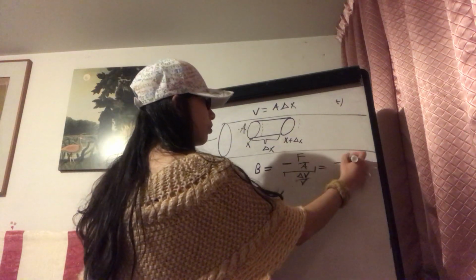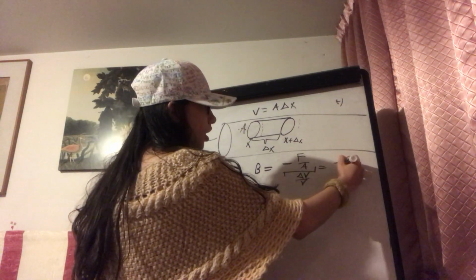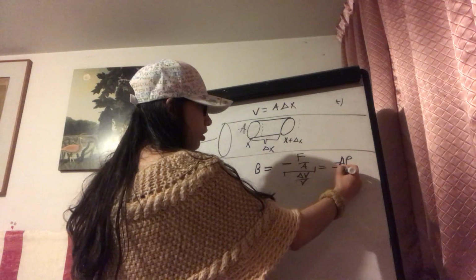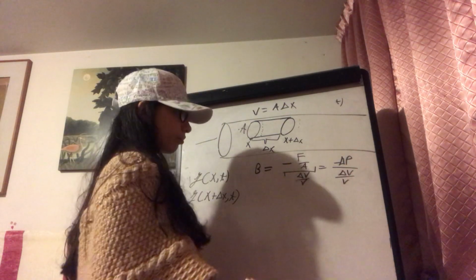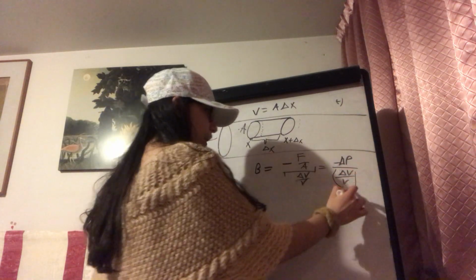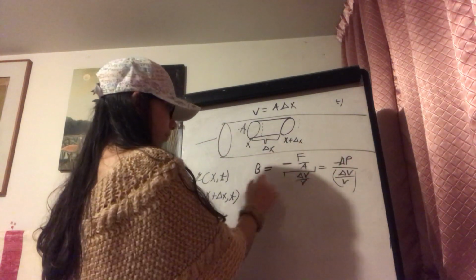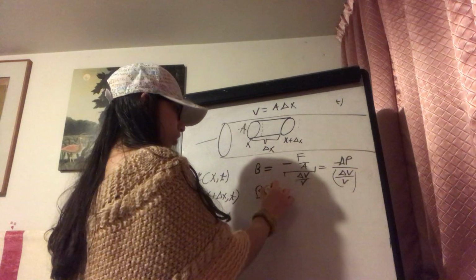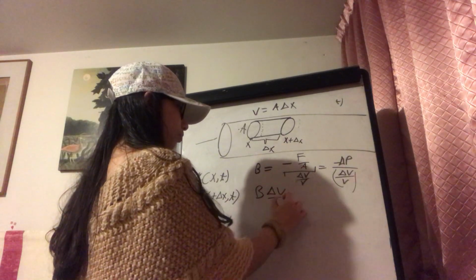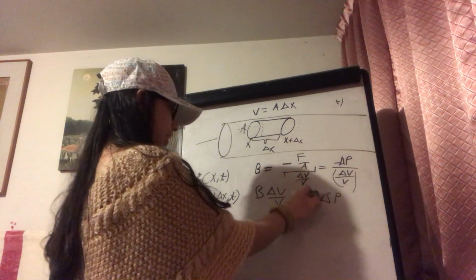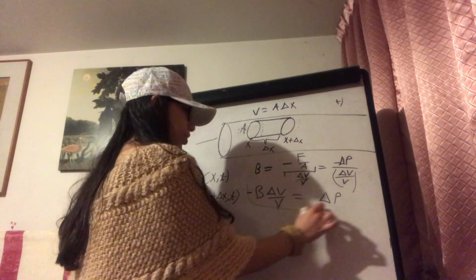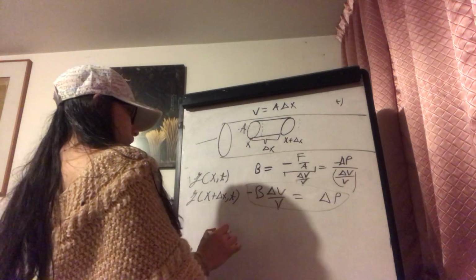So this is the negative of the pressure, or you can say it as the change in pressure divided by the change in volume over the volume. If I want the pressure, I switch signs, and this is the equation we are going to work with.